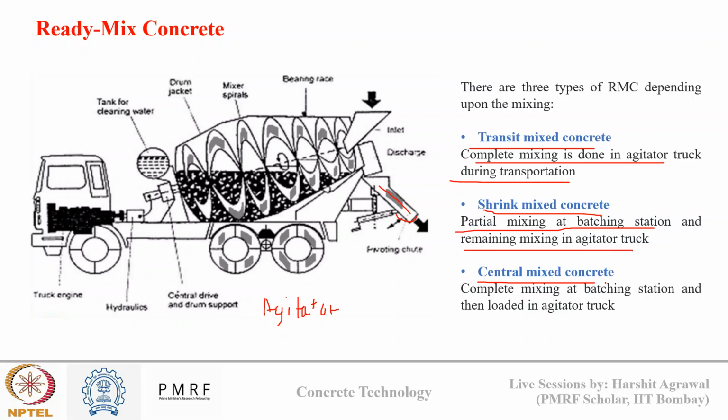And there is central mixed concrete, where complete mixing is done at the batching station and it is just loaded into the agitator truck. So these are three different types of RMC. Now, the choice between these three types depends upon various factors like distance, project size, quality control, and site location. Site conditions also.